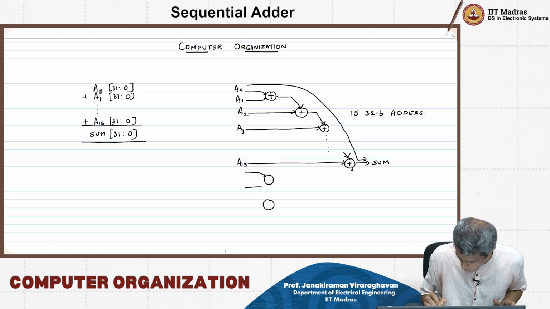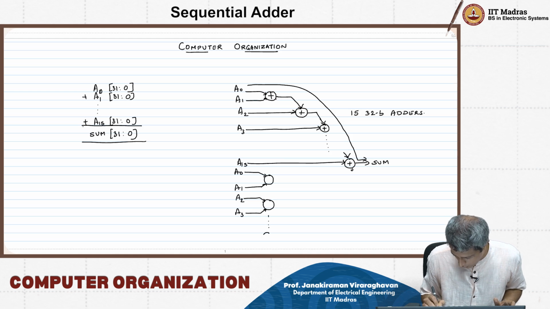You do A0, A1, then you do A2 and A3 all the way down to A14, A15. So these are all adders.